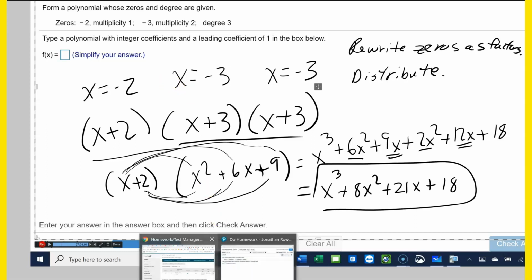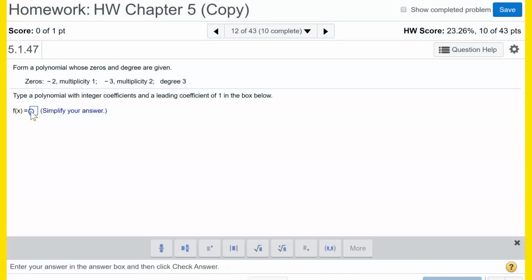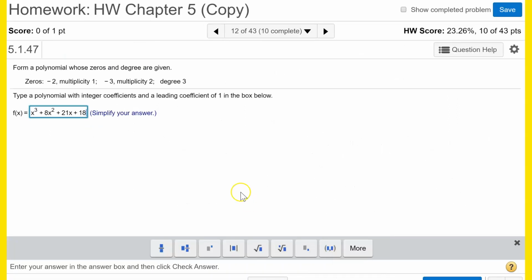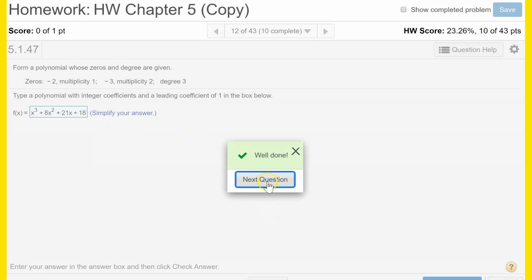X cubed plus 8x squared plus 21x plus 18. I hope I'm remembering that right, but let me just go back and make sure. X cubed plus 8x squared plus 21x plus 18. Yep. And that's how you do it.